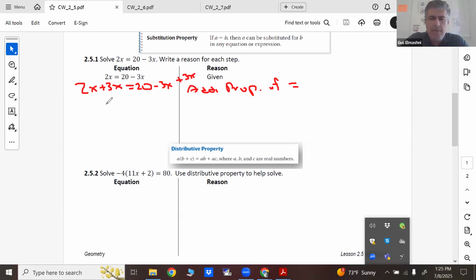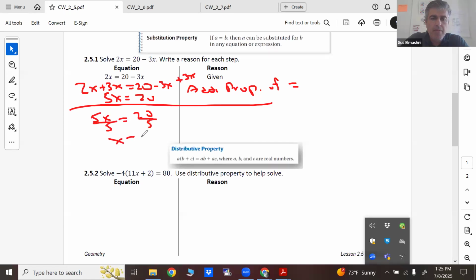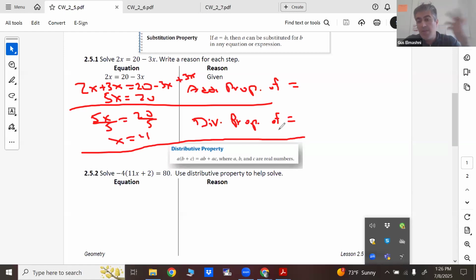Then when I have, which becomes 5x, then I'm going to divide both sides by 5. And that's called the division property of equality. So that's all that's happening there.